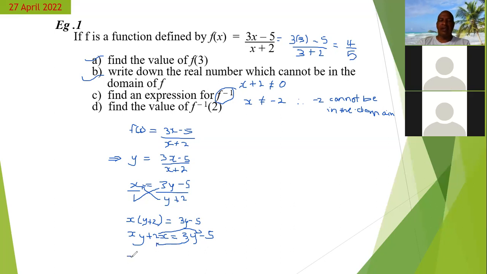Then what we would get on the left-hand side is xy minus 3y would be equal to, now we will have negative 2x minus 5.